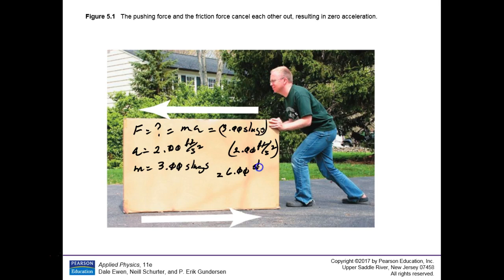You could write slug feet per second squared, but what is a slug foot per second squared? Pounds, exactly. 6 pounds of force. Okay? 6 pounds of force. All right? Everybody got it? Any questions? Okay. All right, to erase.